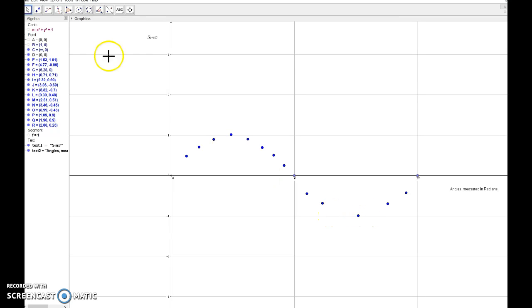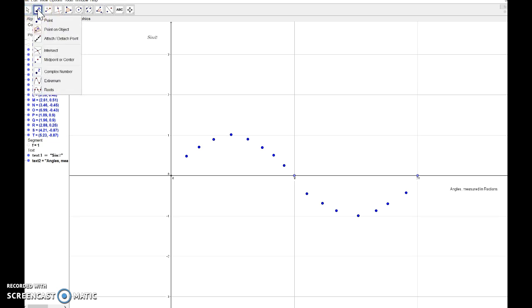Oops, I don't have points anymore. Okay, so we've just graphed the data for the sine function for all the values on the unit circle from pi over 6 to 2 pi. And since you're probably doing this on paper, you will just connect those points.